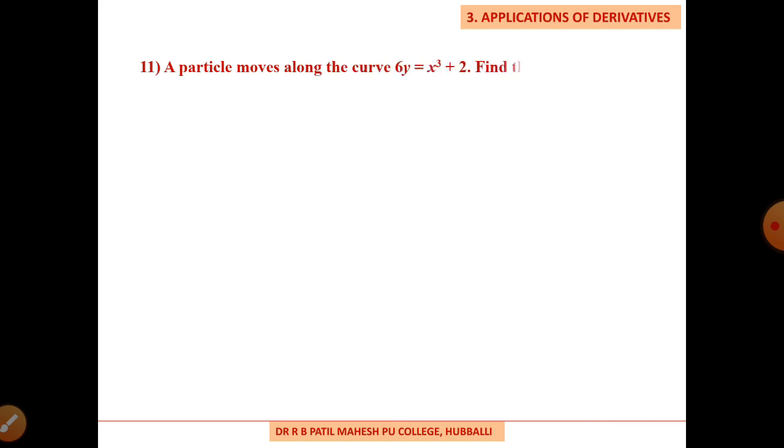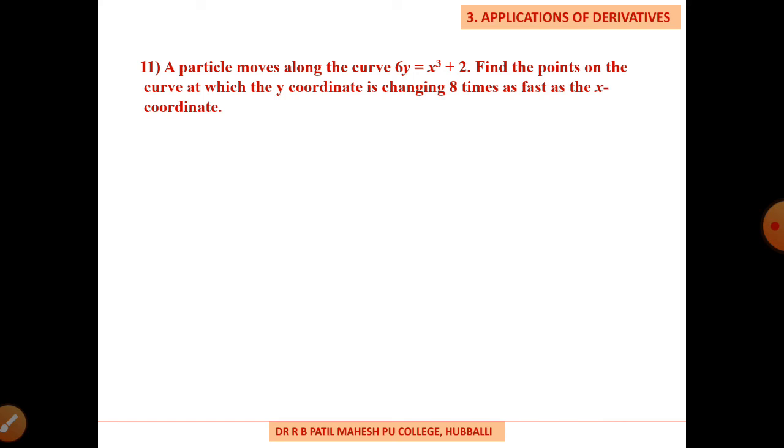Next, example number 11. A particle moves along the curve 6y equal to x cube plus 2. Then find the points on the curve at which the y coordinate is changing 8 times as fast as the x coordinate.